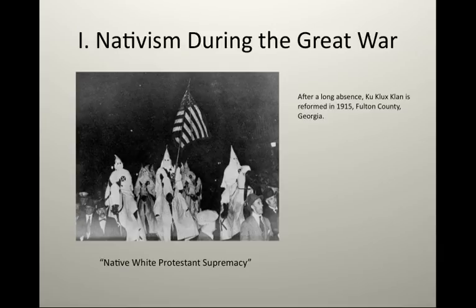The photograph shows a Ku Klux Klan rally in 1915 in Fulton County, Georgia. And as the caption says, after a long absence, the Klan was reformed in 1915 in Georgia, touting the slogan "Native White Protestant Supremacy."